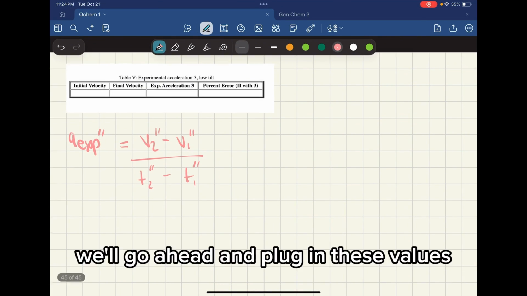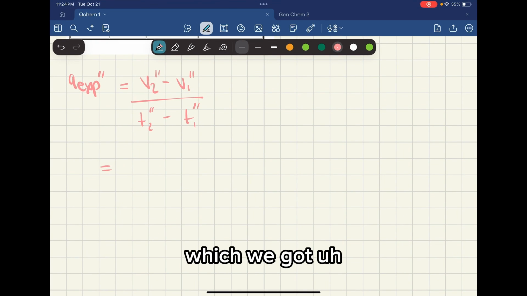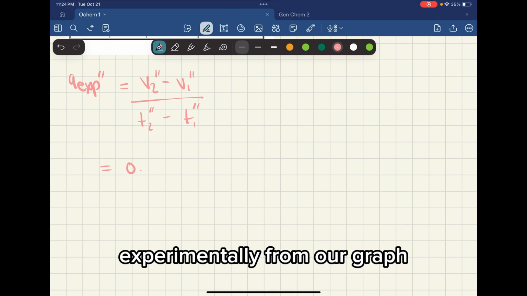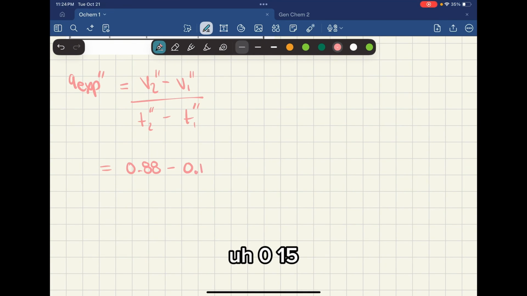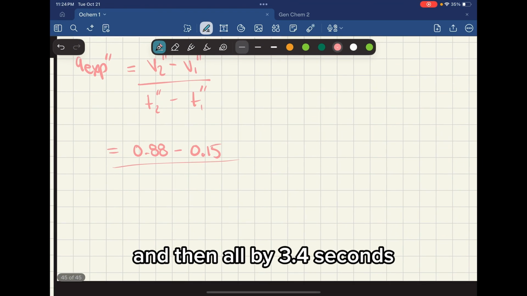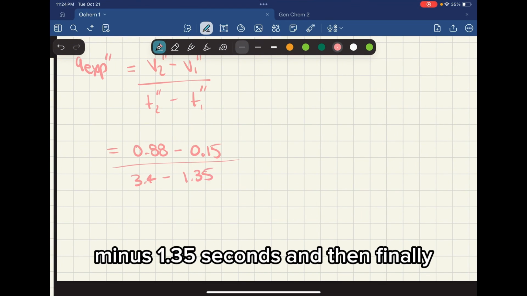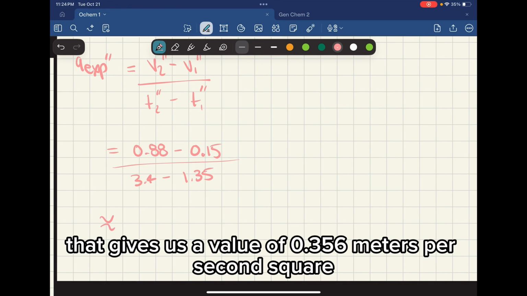And we'll go ahead and plug in these values, which we got experimentally from our graph, which is 0.88 minus 0.15, and then all over 3.4 seconds minus 1.35 seconds, and then finally that gives us a value of 0.356 meters per second squared.